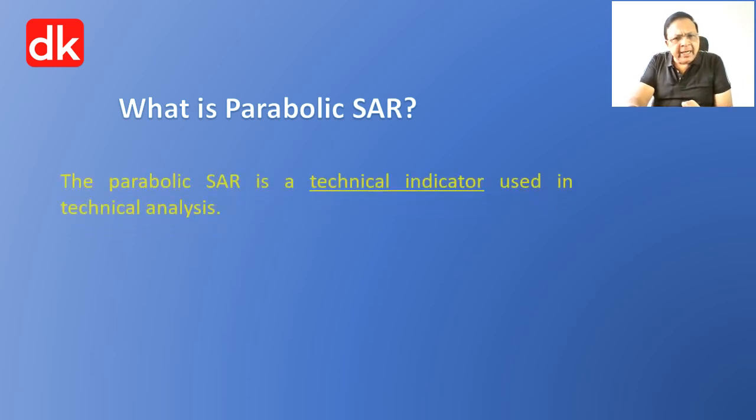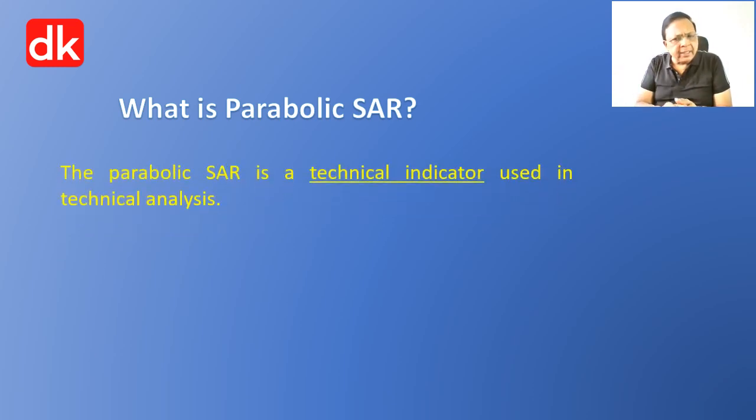It is a technical indicator used in technical analysis, and of course, as an indicator, it is used as a supporting tool. After having performed the technical analysis based on price action analysis, this indicator can be useful to enhance the accuracy in technical analysis.